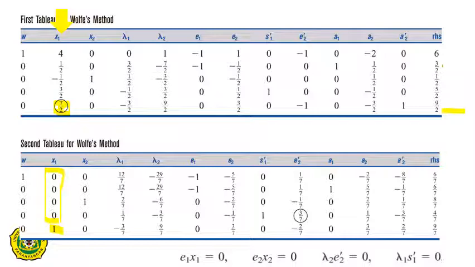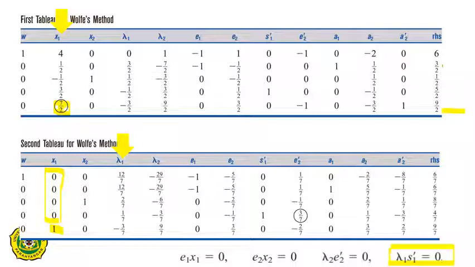Okay. Now here, again, we pick the most positive coefficient. Here we see lambda 1 has the most positive coefficient, 12/7. However, if we notice the sign restrictions, the complementary slackness constraint, lambda 1 and s1 prime cannot both become basic variables.